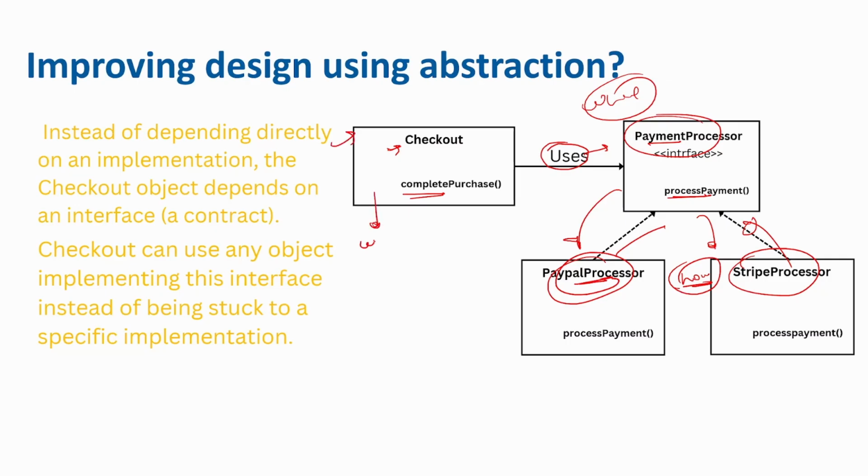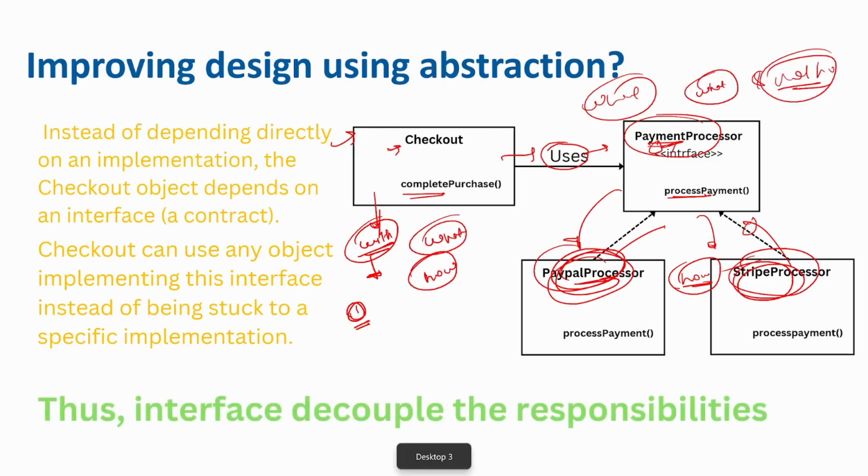With the help of abstraction, our checkout class does not directly depend on payment processor or stripe processor. It depends on our payment processor interface, on what and not how.